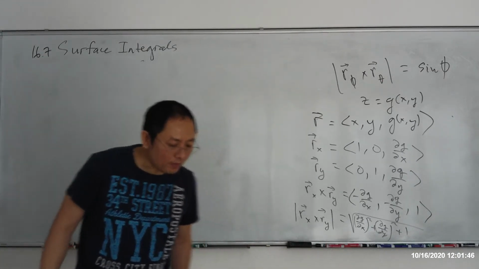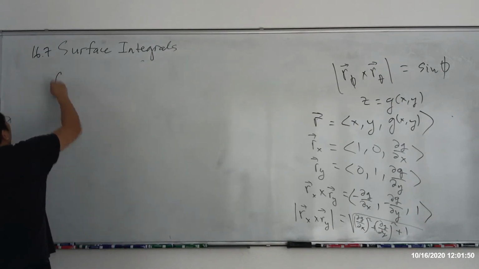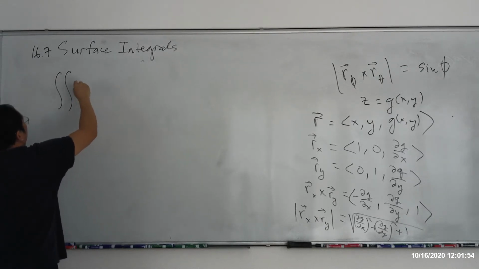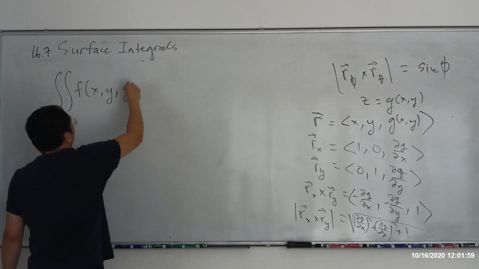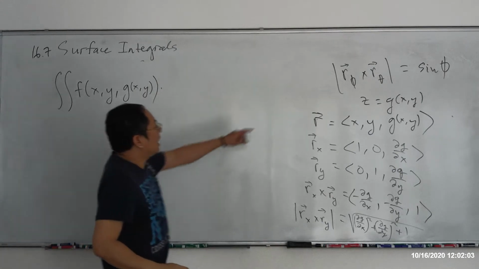Okay. So the book shows you that if you have the special case of a function, you can write it this way: double integral of f of x, y. Remember, z now is what? The function g, right? And then times dS.